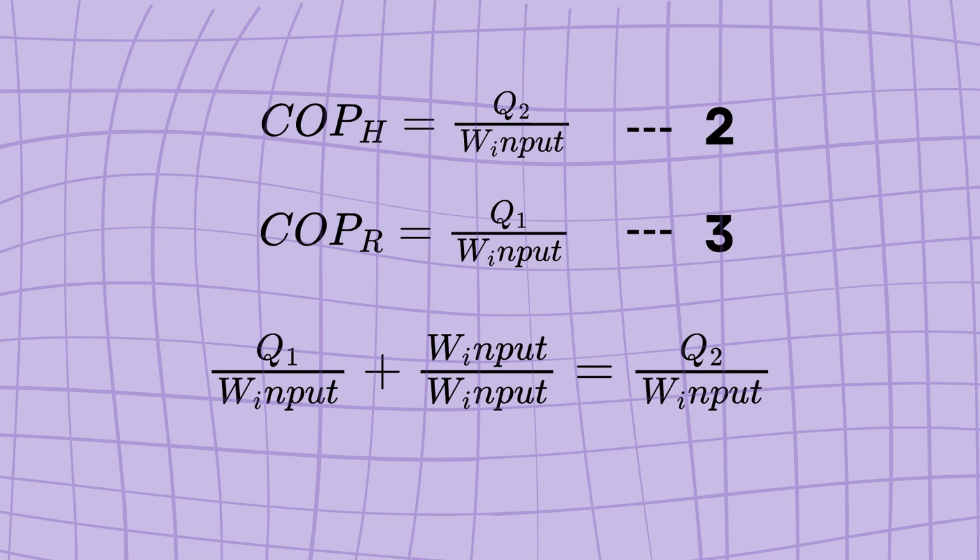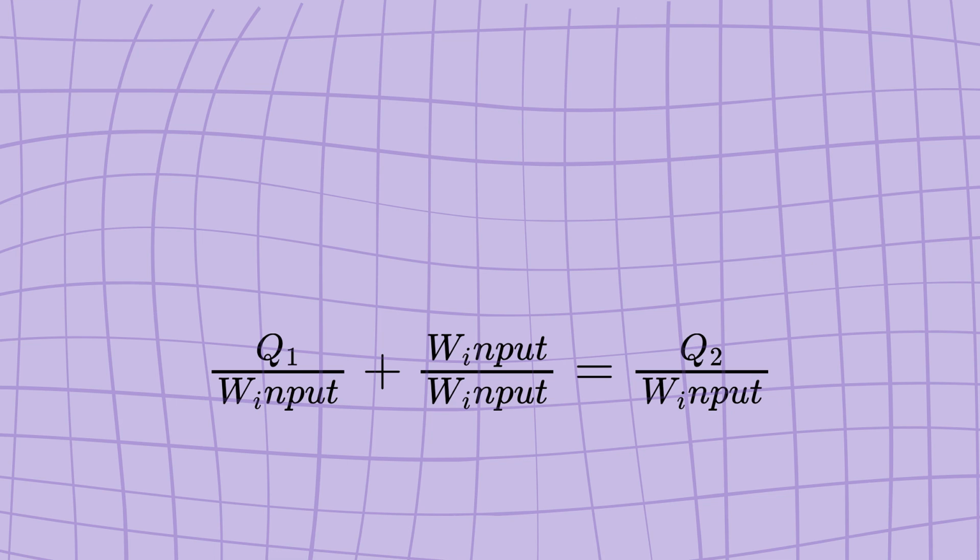If you can see this formula, it relates to equations number 2 and number 3, where Q1 over W input is the same as the coefficient for refrigerator, and Q2 over W input equals the coefficient for heat pump.